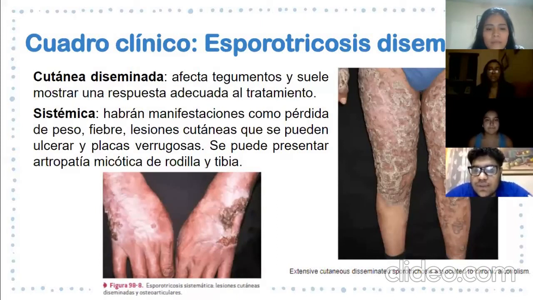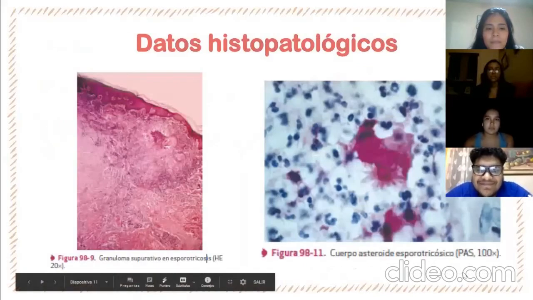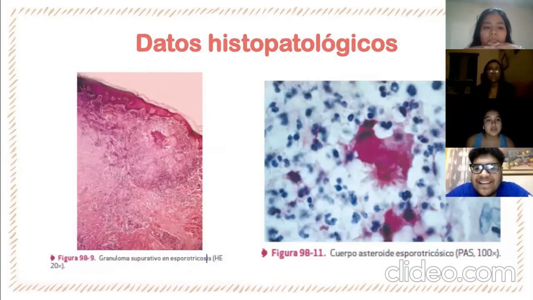Fungal arthropathy of the knee and tibia may occur. Next. There are different histopathological findings such as suppurative granuloma in the first picture. In the other picture, we can see an asteroid body, which can lead to signs of a sporotrichotic process. Next.